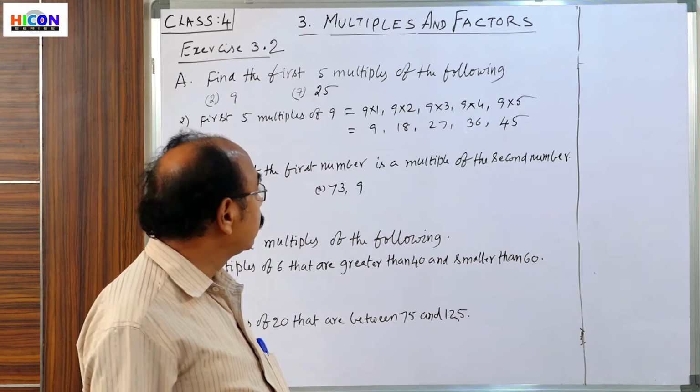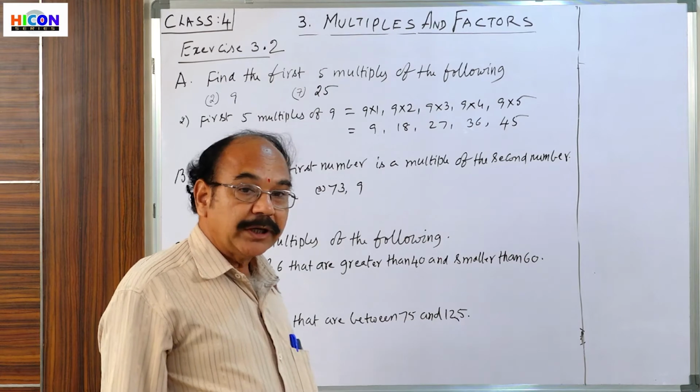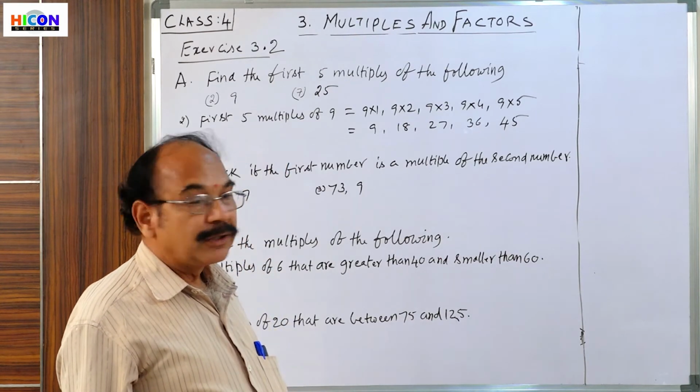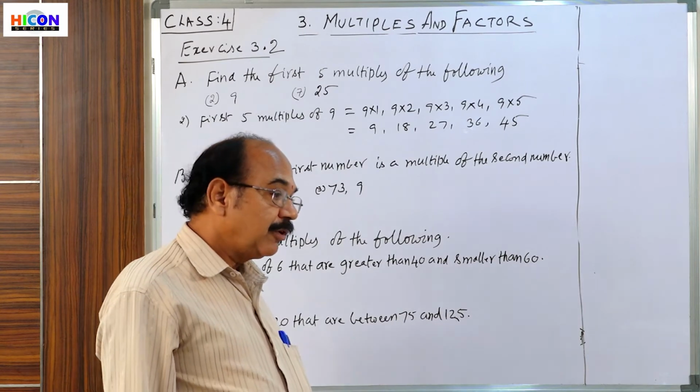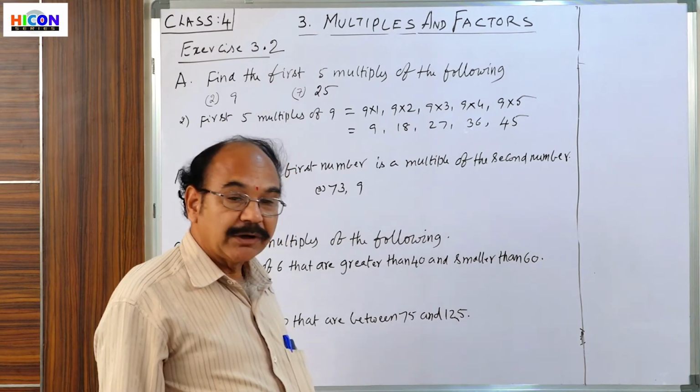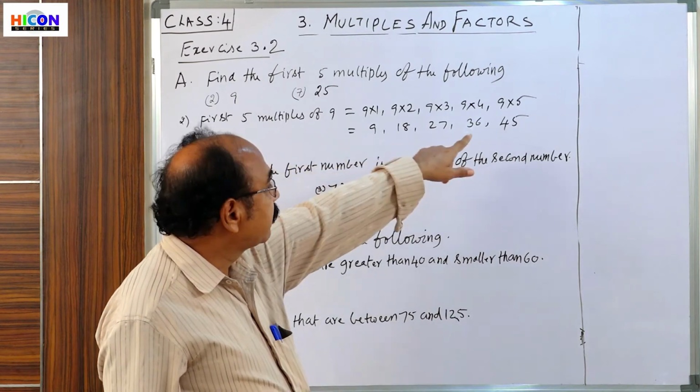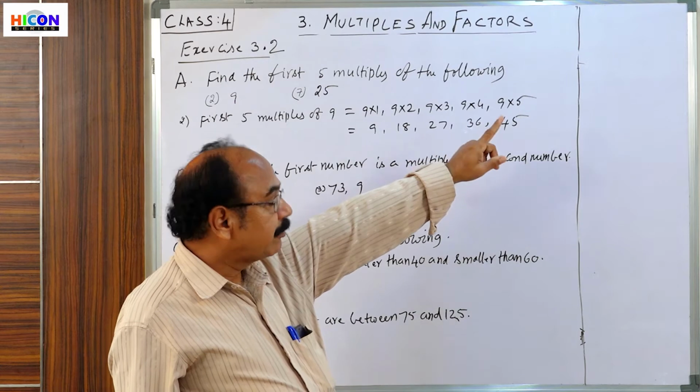Very easy, children. If you want to get the multiples of a given number, simply multiply with 1, 2, 3, 4, 5 and so on. First 5 only he asked, so we multiplied up to 5.